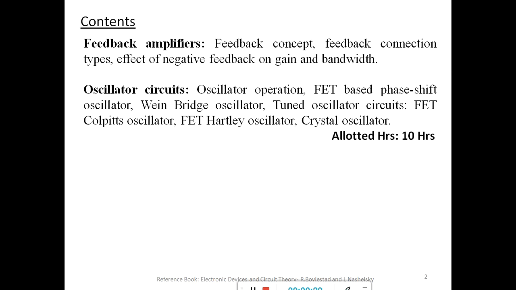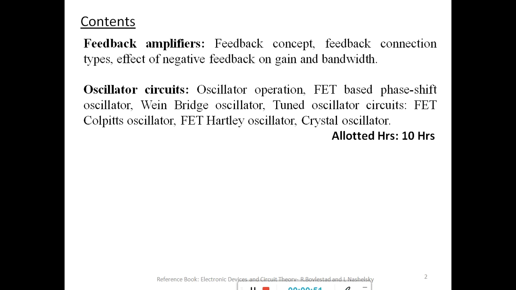So we just looked at the contents. It's broadly divided into two sections. The first one will focus on feedback amplifiers, wherein we'll try to understand the concept of feedback, the different feedback connection types, and the main effect of negative feedback on gain and bandwidth parameters.